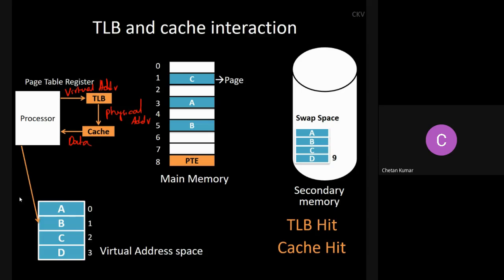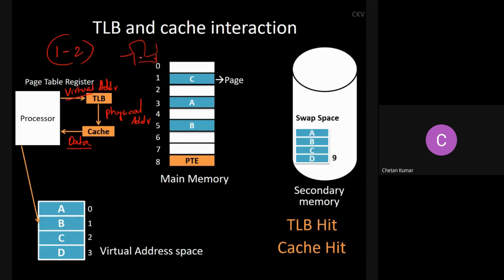Is it always one? Or is it always two? It depends on implementation; the max is two. If you say that TLB access will require one clock cycle and cache access will take one clock cycle, then the maximum will be two. But the range will be 1 to 2, because sometimes, the way this interaction is designed, you'll be able to send the virtual address and get the data in a single clock cycle.